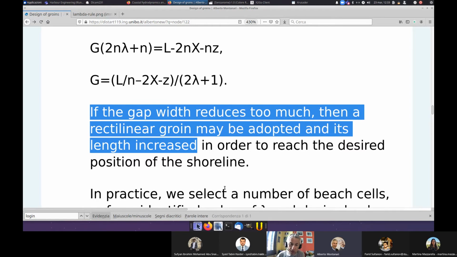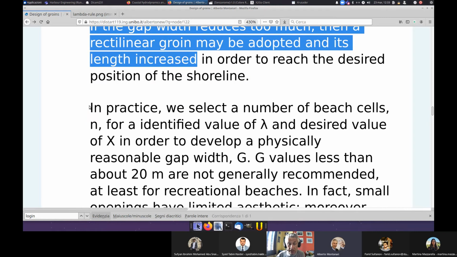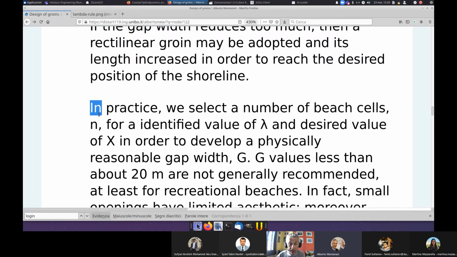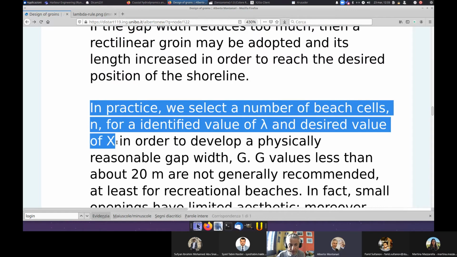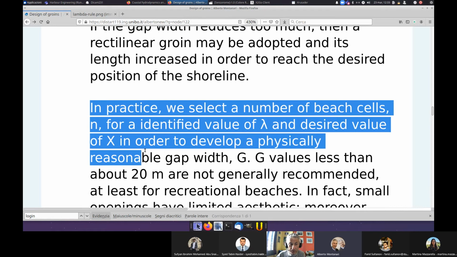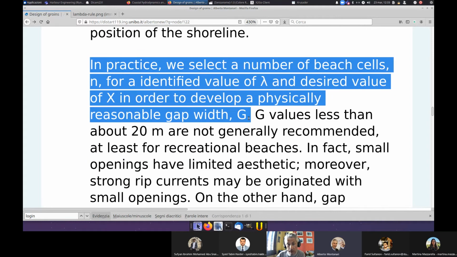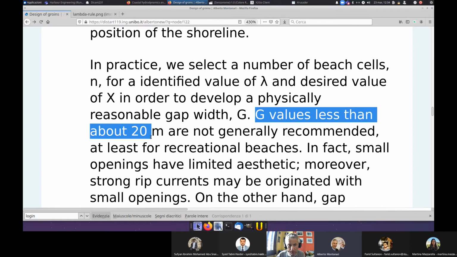So, in practice, what we do is select a number of beach cells n for the identified value of lambda and the desired value of X, in order to develop a physically reasonable gap width G. And keep in mind, as another rule of thumb, that G values less than about 20 meters are not generally recommended, for the visual impact.